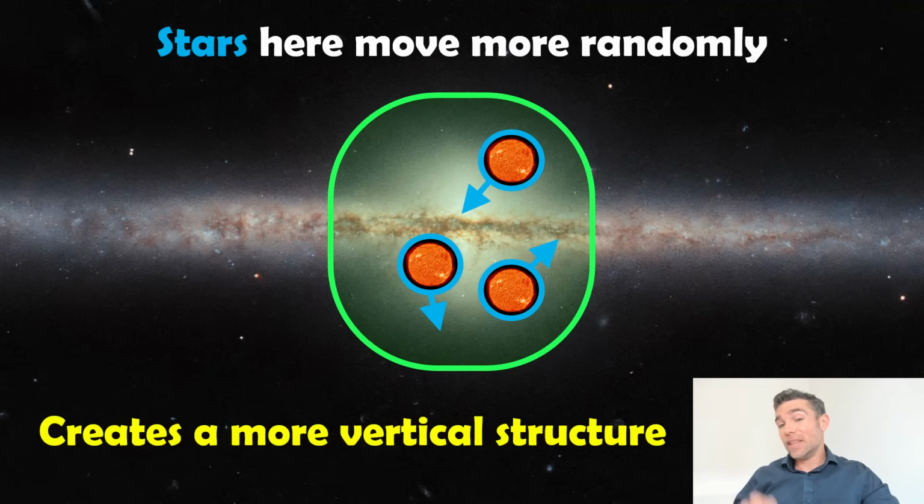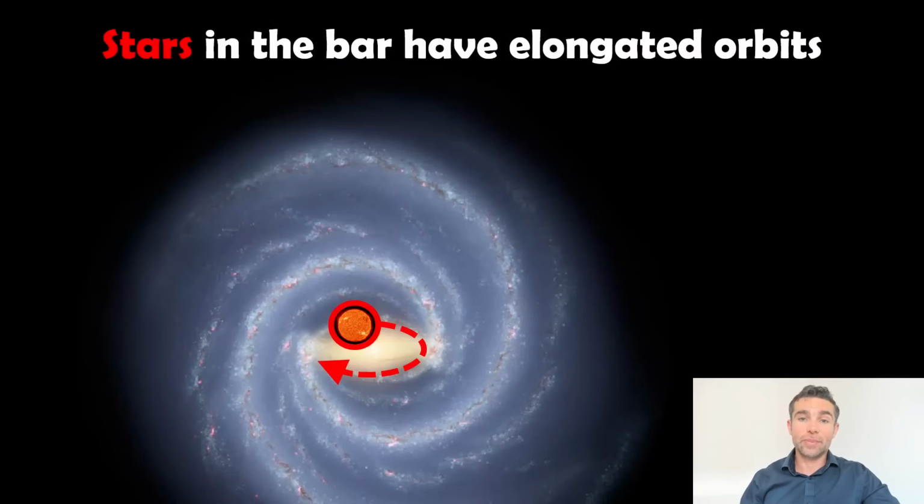In fact, in these central bulges, the stars are moving more like they would do in an elliptical galaxy. So in an elliptical galaxy, the stars have a bit more random motion. They aren't rotating just as much as a disk-like galaxy. And because of that, you get more of a vertical structure. Because the stars could be going in any direction, you get this vertical, spherical sort of structure.